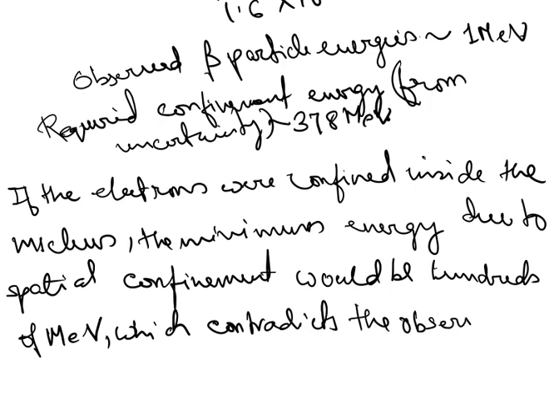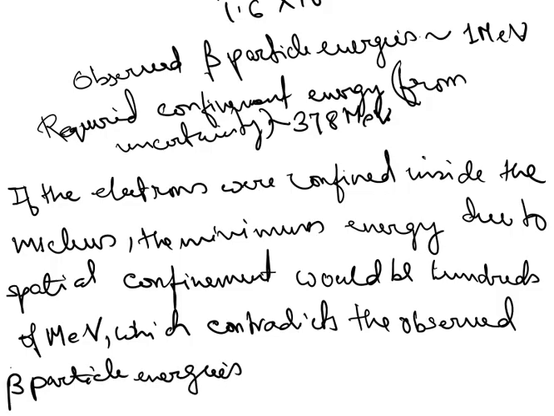The observed beta particle energy is of the order of 1 MeV, since the electron cannot exist inside the nucleus.